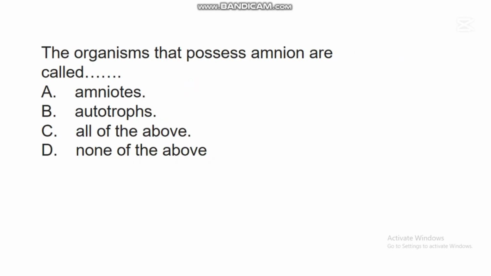The next question says, the organisms that possess amnion are called dash. A. Amniotes. B. Autotrophs. C. All of the above. D. None of the above. In this question, the correct answer is A. Amniotes.